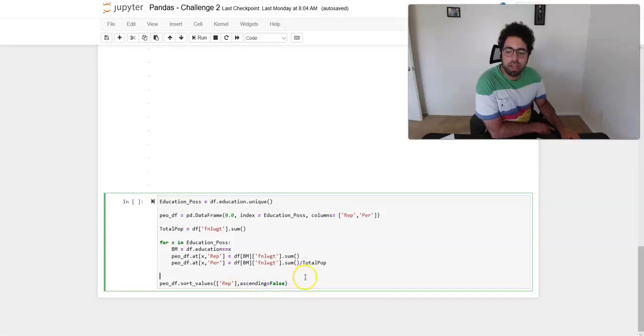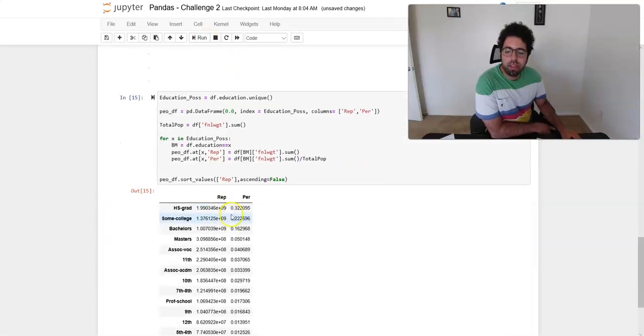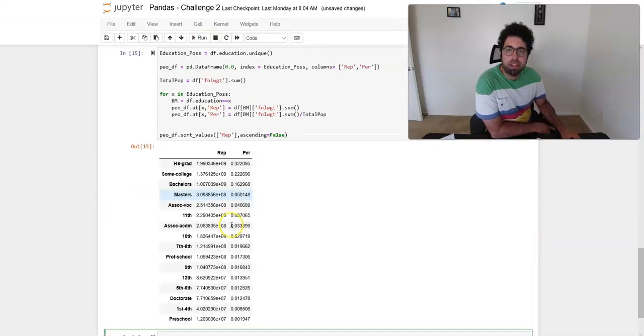I also do it ascendingly. Once we run this, we get the fact that in 1996, the most people, 32% of the population, had a high school degree. And I would bet good money that the numbers and the order here have changed in the time that we are living in right now.